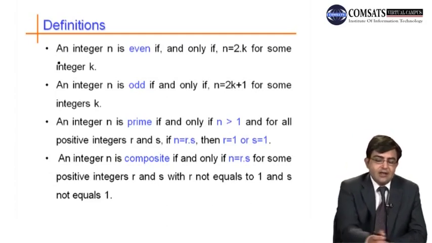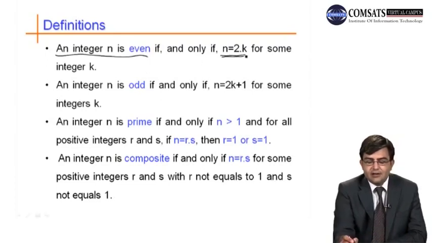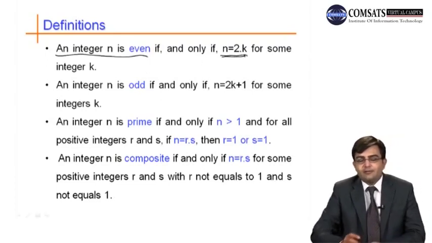So by definition, an integer n is even if it can be written as the product of 2 into some integer. Or you can say that an integer is said to be even if it can be written as a multiple of 2.